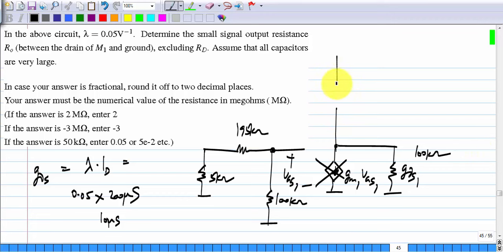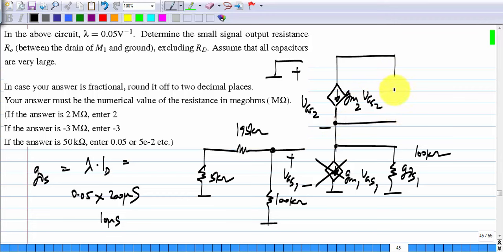And the next transistor here, the gate is grounded, so this is VGS2 and this is GM2 VGS2, and across that you again have a 100 kilo ohm resistor. Now what you have to do is calculate the resistance looking in that way.